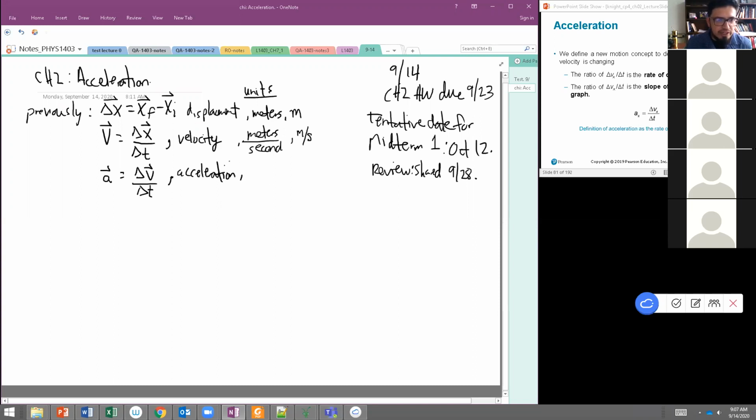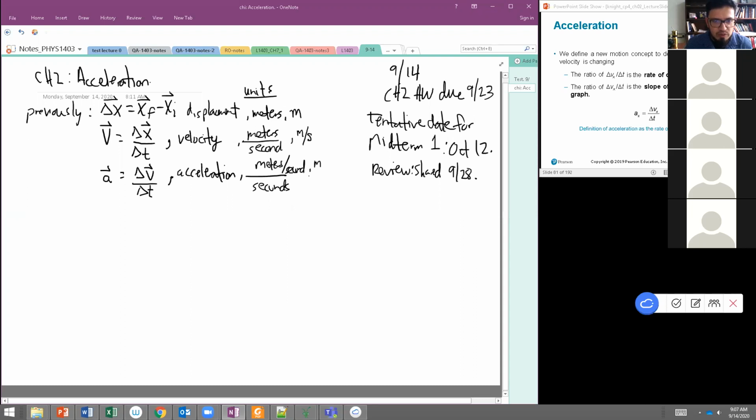If you look at what we're dividing here, we're dividing velocity, which we know has units of meters per second, by seconds. So this is essentially meters per second per second.